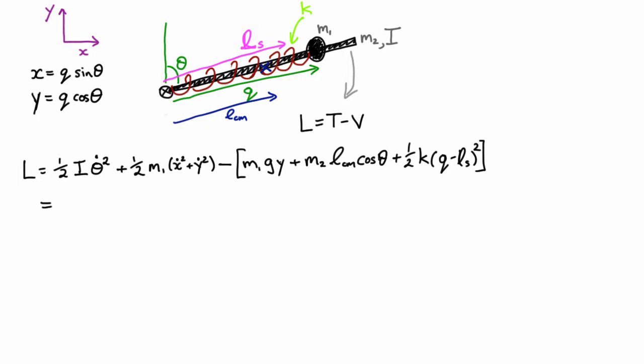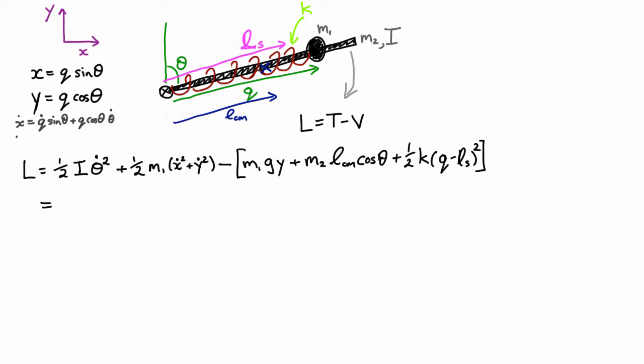In all these terms, I've got a y here, and I've got x dot and y dot, so I'm going to need to work those out. I'll do x dot and y dot before I carry on. Now for x dot, remember that q is a function of time, but now theta is also a function of time. So to take the derivative, I need a product rule: q dot sine theta plus q cos theta theta dot.